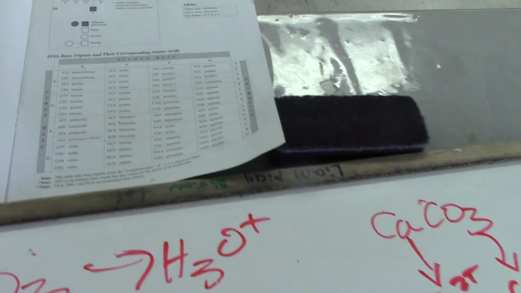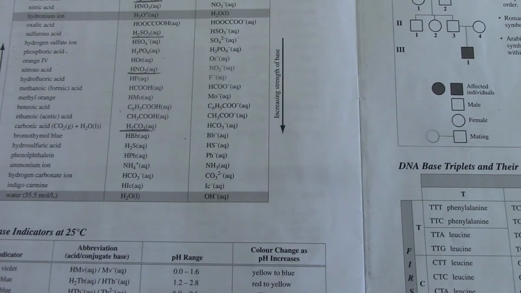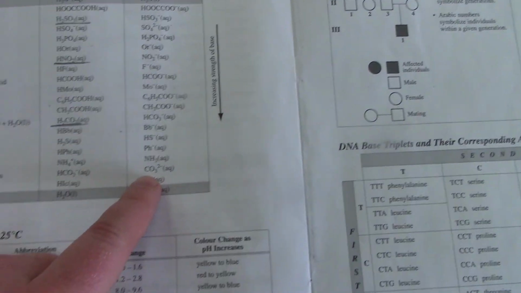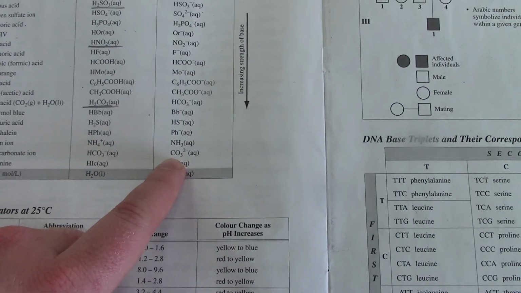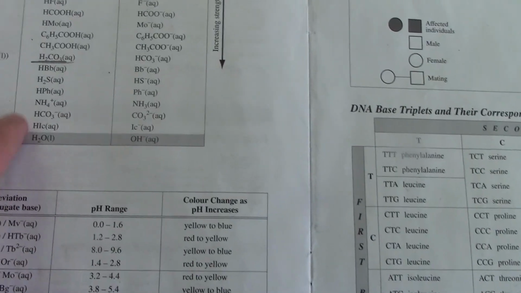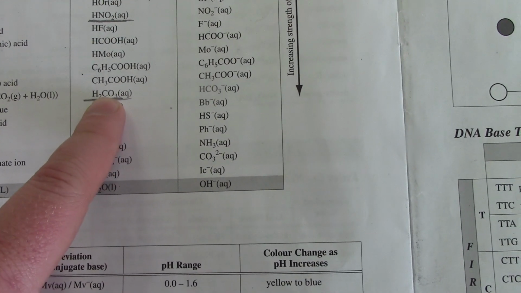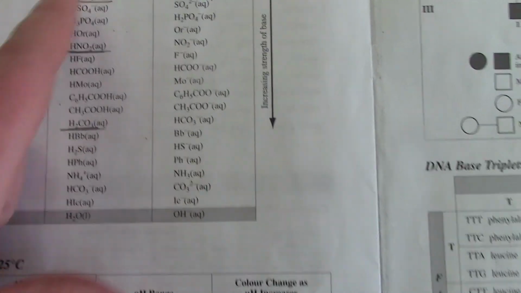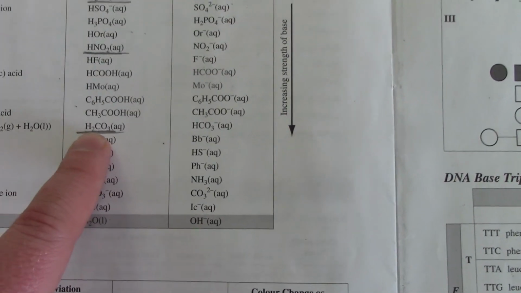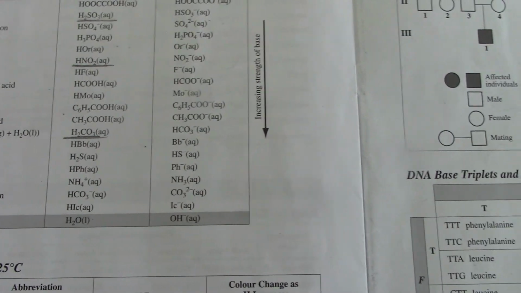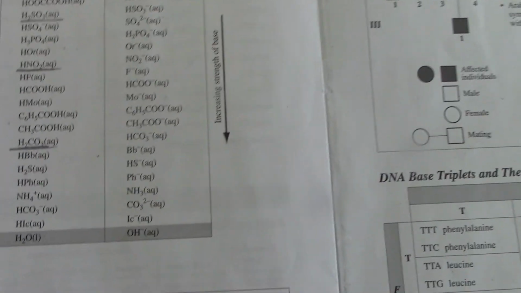Now what you can see here on your chart is that we have CO3 2 negative, we have HCO3 negative, so hydrogen carbonate, and we have carbonic acid. So you can see that this is a weaker acid than the H3O+. So the H2CO3 actually will have a higher pH than anything that will make H3O+.